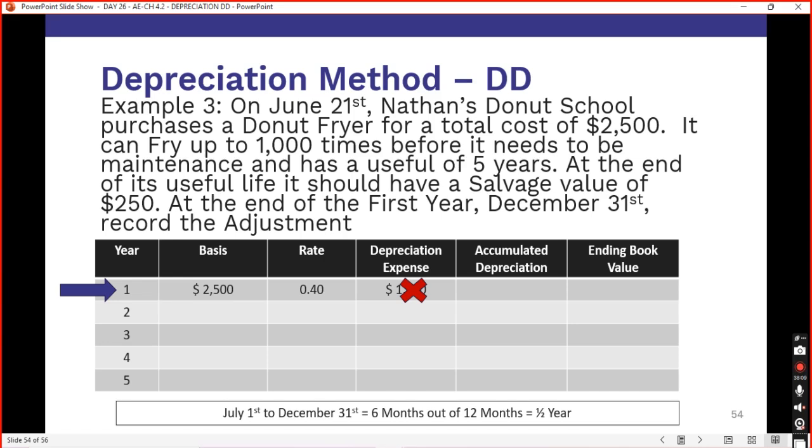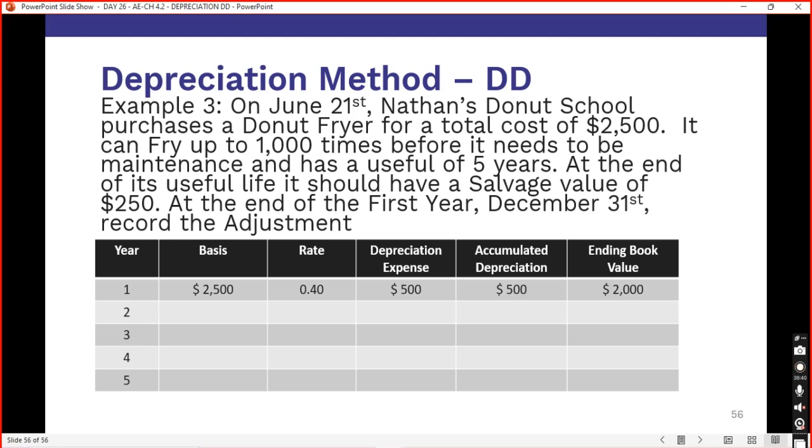So we have to multiply the depreciation expense because I did not use it for a whole year. I only used it for half a year. So it's going to be half of 1,000, which gives you $500. For the first year of the asset's existence, you only used it for half the amount, because you placed it into service for half the year.